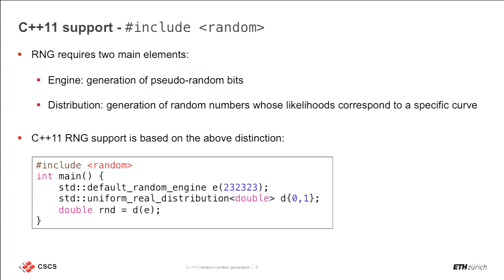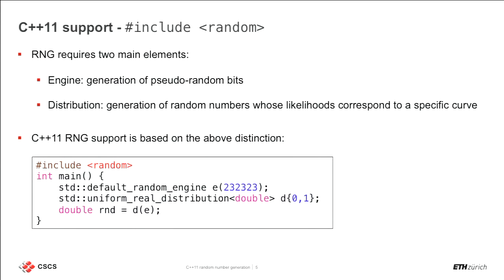C++11 provides new support for native random number generation, and everything is included in this random header. It is based on two components, which are also the two main elements that we use when we do random number generation. The first component is an engine, which is responsible for the generation of pseudo-random sequences of bits.